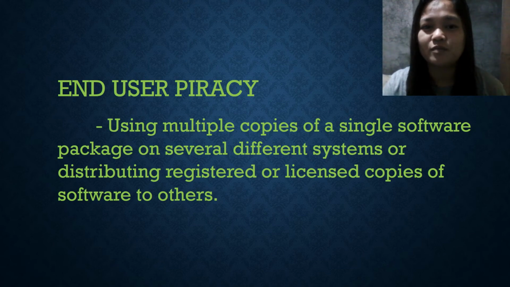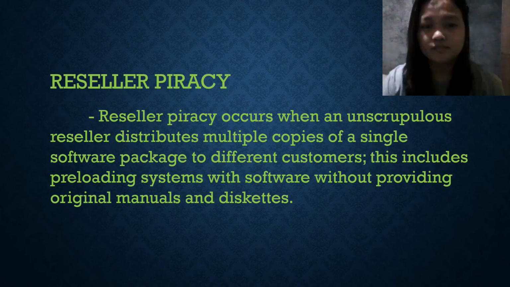Another common form of end-user piracy is when a cracked version of the software is used. Hacking into the software and disabling the copy protection, or illegally generating key codes that unlock the trial version, making the software a registered version, creates a cracked version.